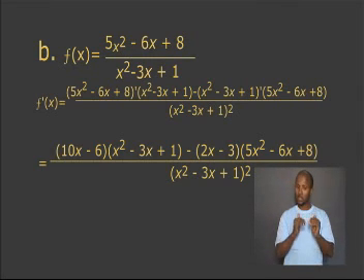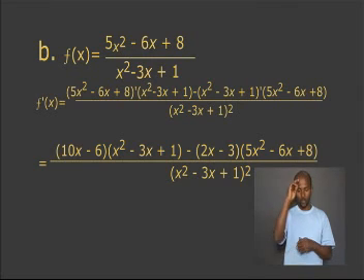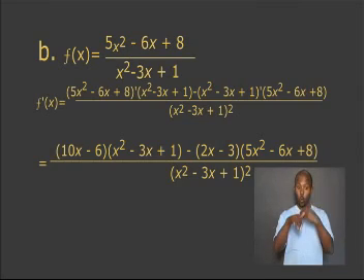This equals 10x minus 6 times x squared minus 3x plus 1 minus 2x minus 3 times 5x squared minus 6x plus 8, over x squared minus 3x plus 1 the whole squared.